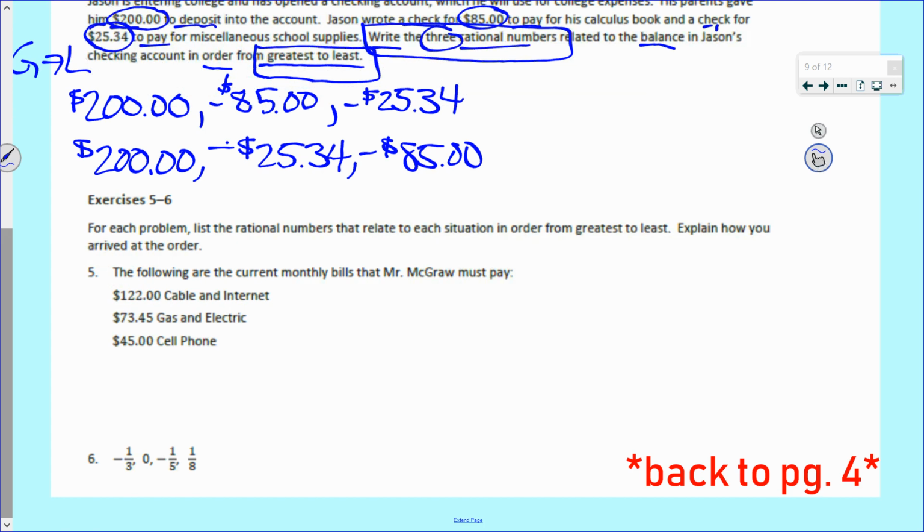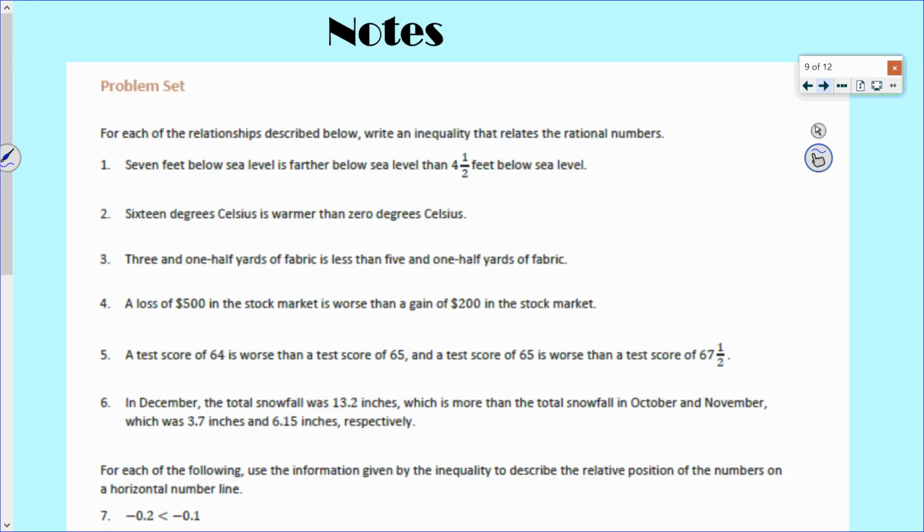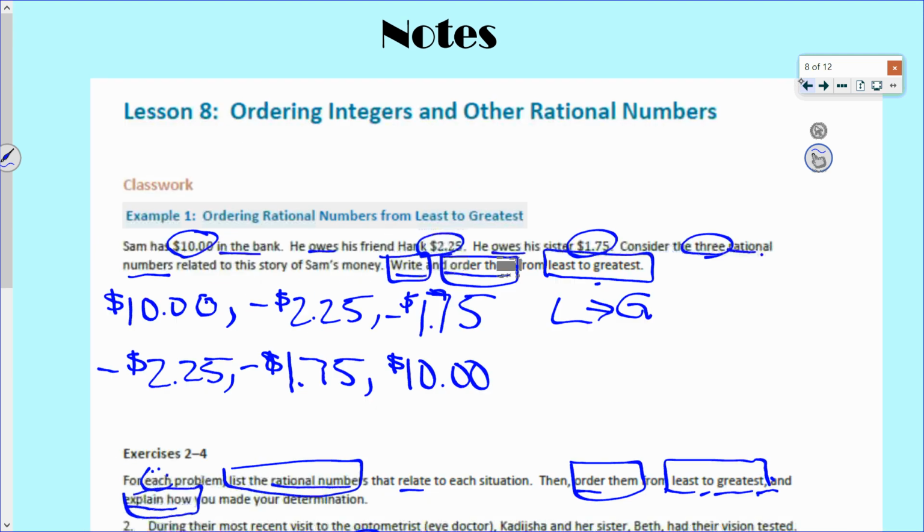Okay, we got 10 minutes left, so we're going to go ahead and we'll give you guys a break. Go ahead and X out 5 and 6. And we already went back to page 4. So go to our next page.